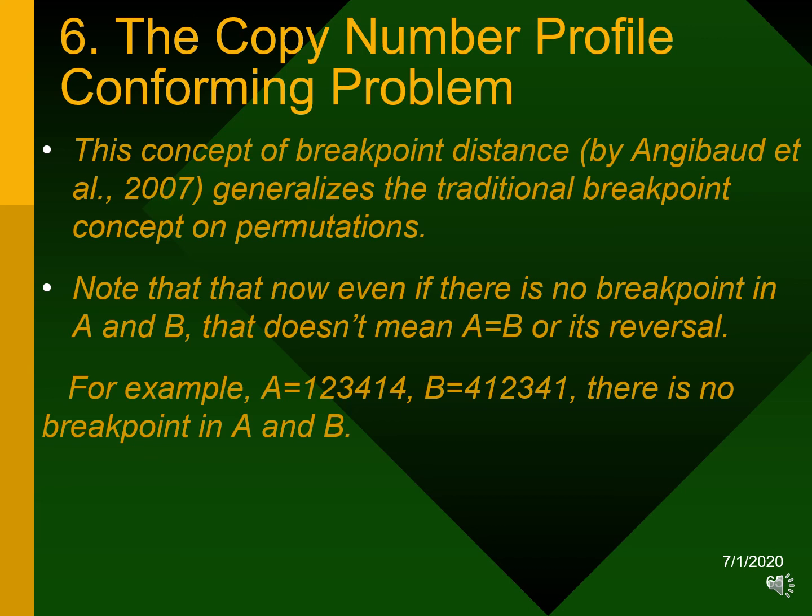Notice that for this new kind of breakpoint definition, even if there's no breakpoint between A and B, that does not mean A equals B, or A equals B's reversal. For instance, you can verify that if A is 1 2 3 4 1 4 and B is 4 1 2 3 4 1, there's no breakpoint between A and B, but certainly they are not equal, right? And even if you reverse B, it is still not equal to A.